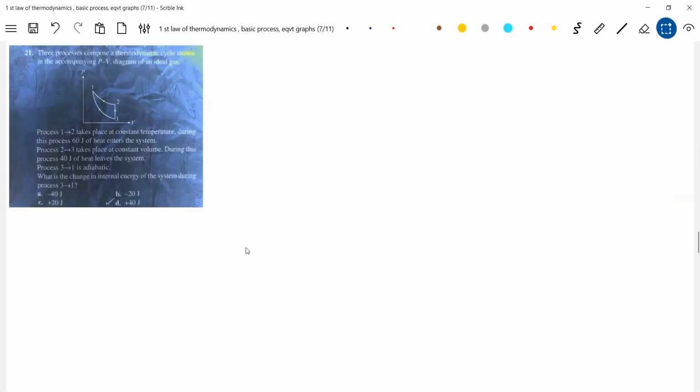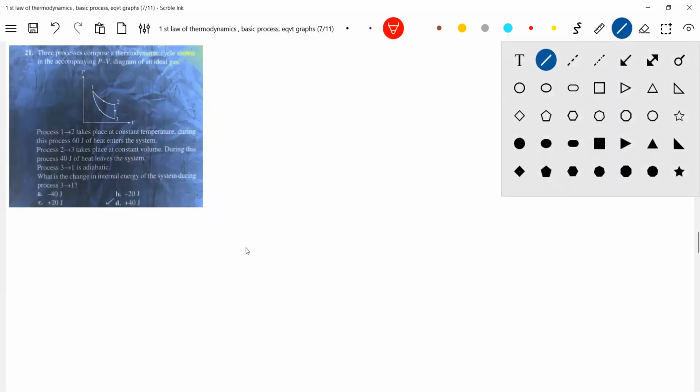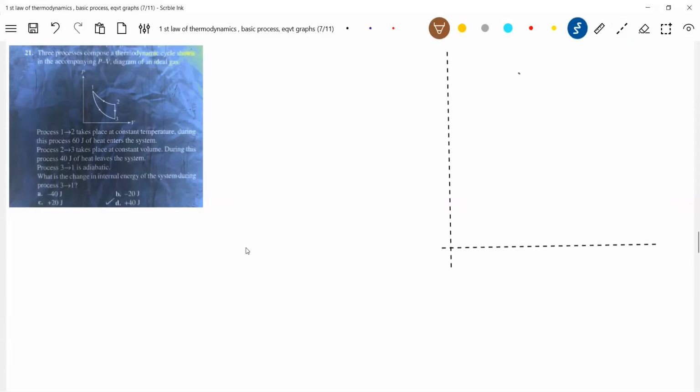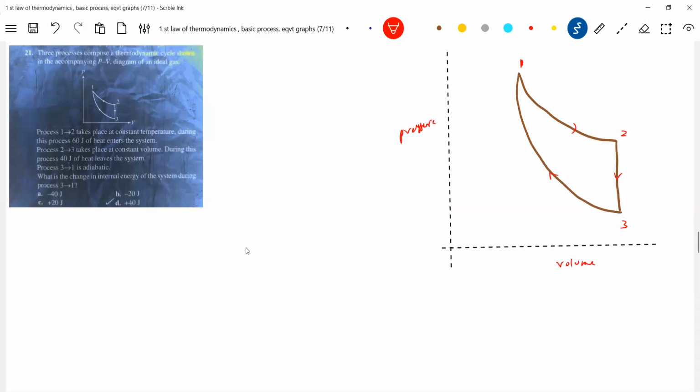During process 3-1, what is the change in internal energy? Some rough graph. Okay, this is path 1, so this is 1, 2, 3. Pressure, and there's a volume.